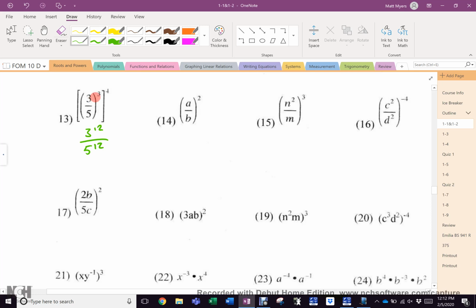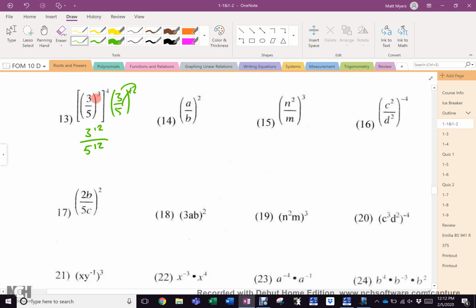So, of course, this is exponent law 6, because the 3 goes to both of them. And then this is exponent law 3, because that goes to the 3. So you could have done this as 3 over 5 all to the 12th, and then the 12 would go to both if you were working your way from the outside in.